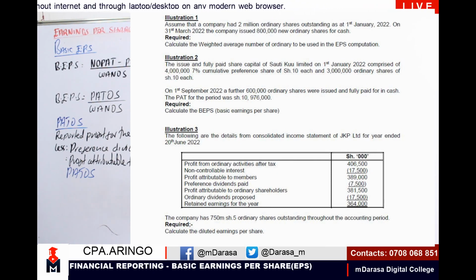On 31st March 2022, the company issued 800 new ordinary shares for cash. We are required to calculate the weighted average number of ordinary shares to be used in the EPS computation.